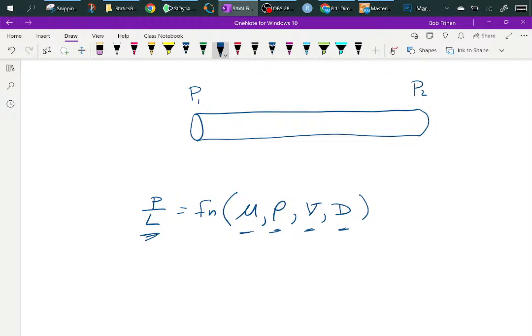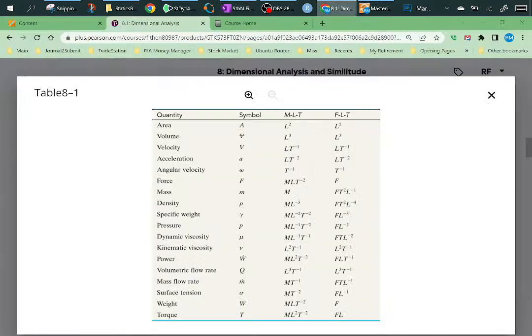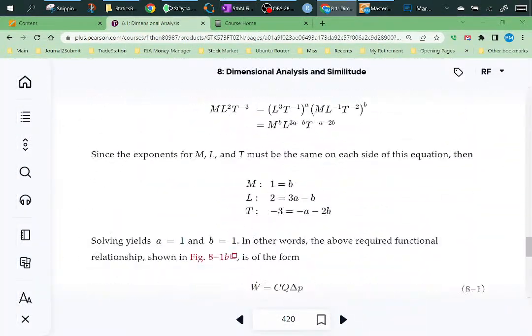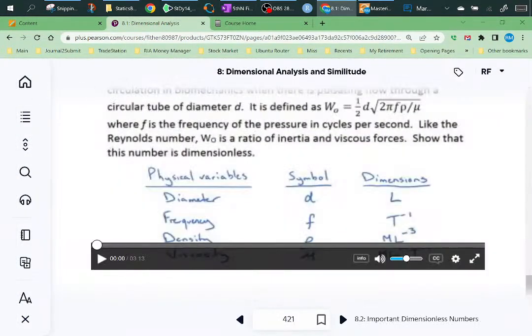So they collected literally reams and bucket loads of data. And this guy came along named Buckingham Pi. Let me see if I can find a reference in the book.